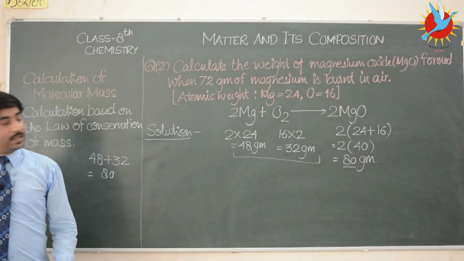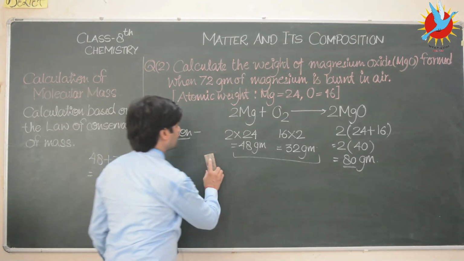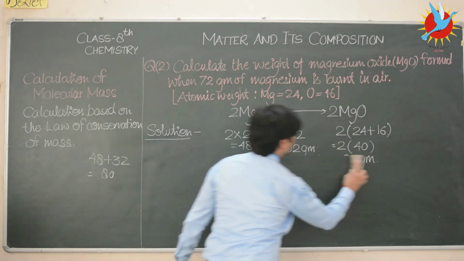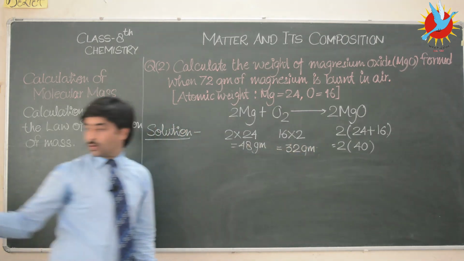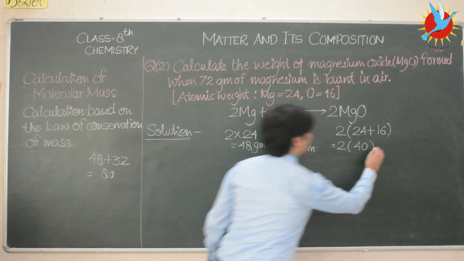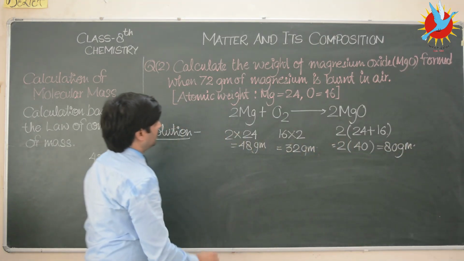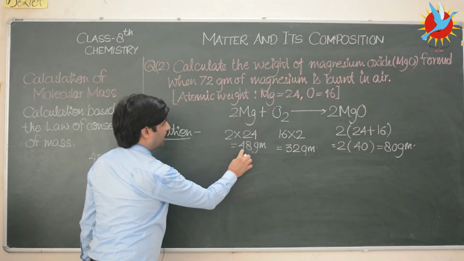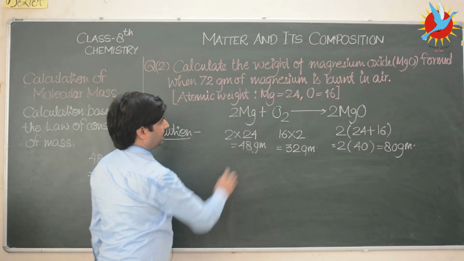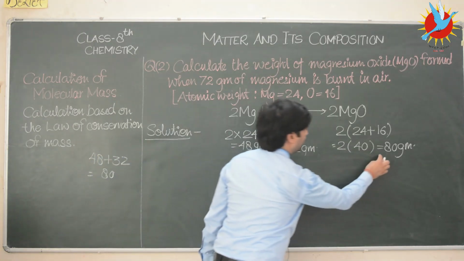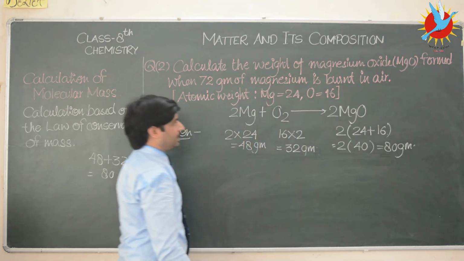So we will apply the law of conservation of mass to solve this numerical. So what are the information which we have? We have this information, that after burning 48 gram of magnesium, we are getting 80 gram of magnesium oxide.